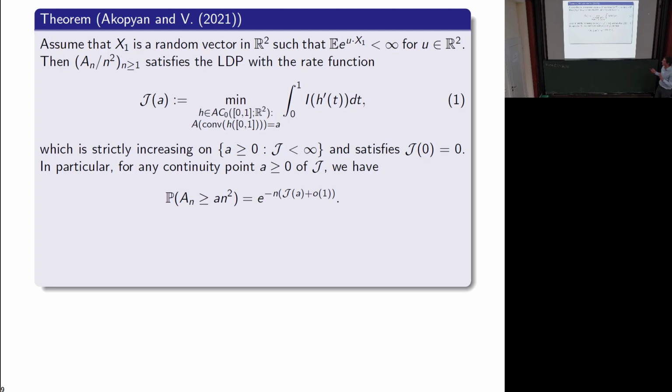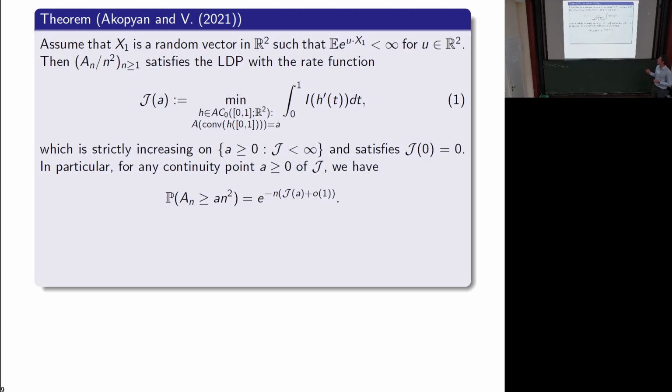Let's keep it here for a second. What this means is that the probability that the area is atypically large, a times n squared, is of the form e to the negative n times the rate function for the area.